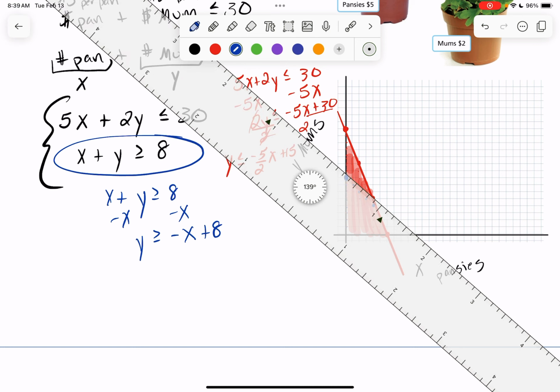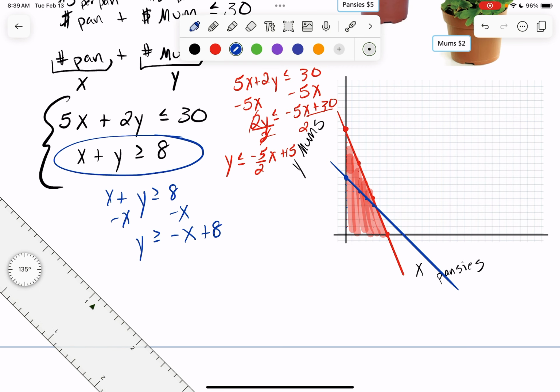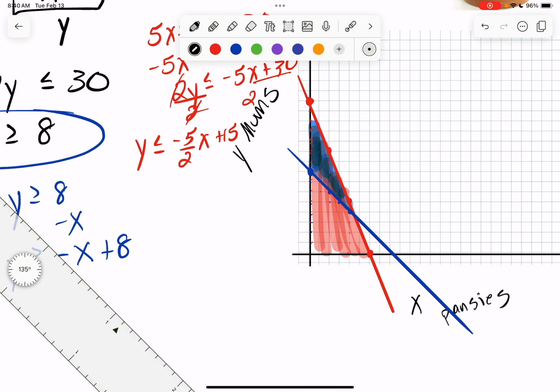So there's my line right there. And equal to, so we'll go ahead and draw that in. And I want to be greater than that line, so I need to shade above. If I shade above that but below the other, my spots that work will just be in that little bitty wedge.